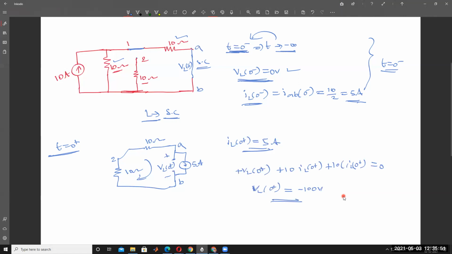Understood? This is the voltage across the inductor and the current flowing through it after t equal to 0 plus.